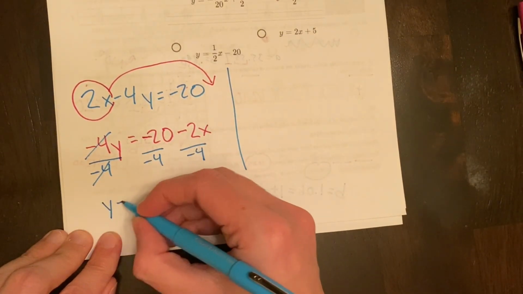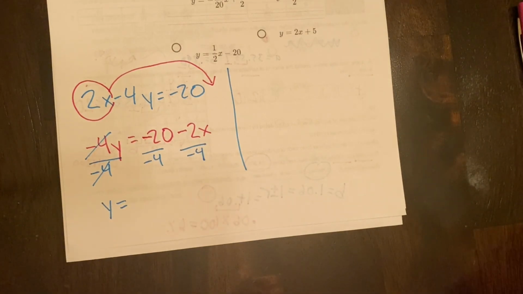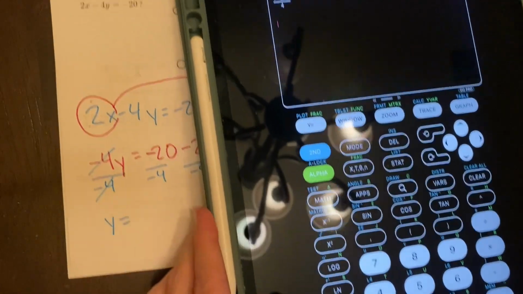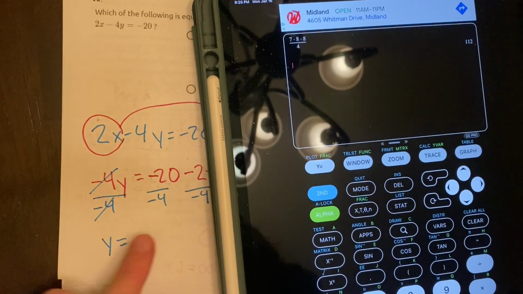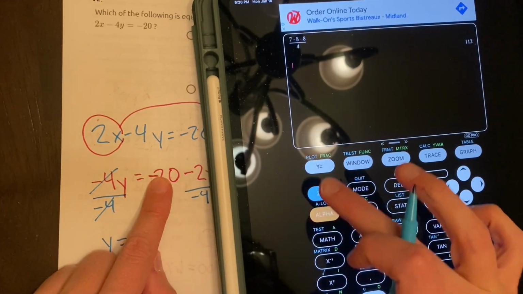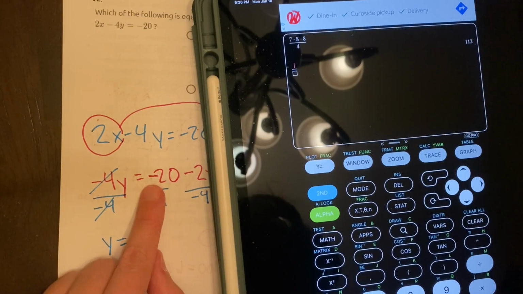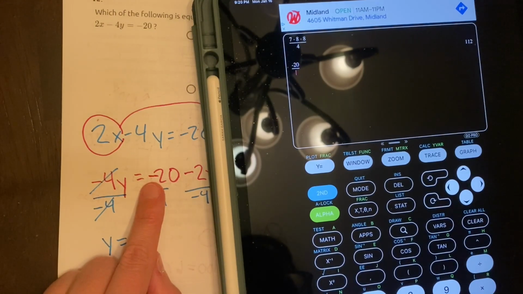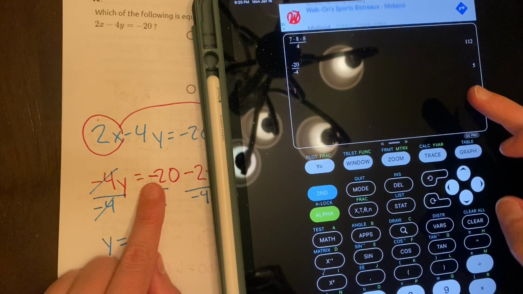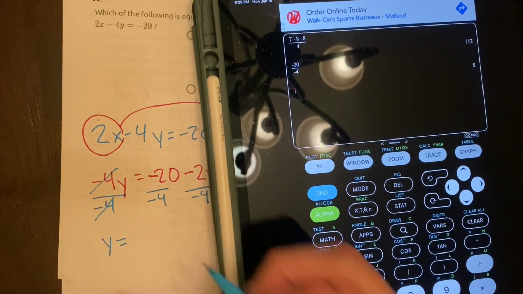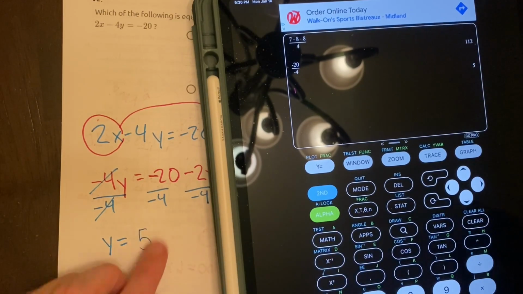So then you get y equals, again, don't make your life harder than it needs to be. Go into your calculator, type this into alpha y equals. I have negative 20 over negative 4, which is positive 5. Okay, so 5.